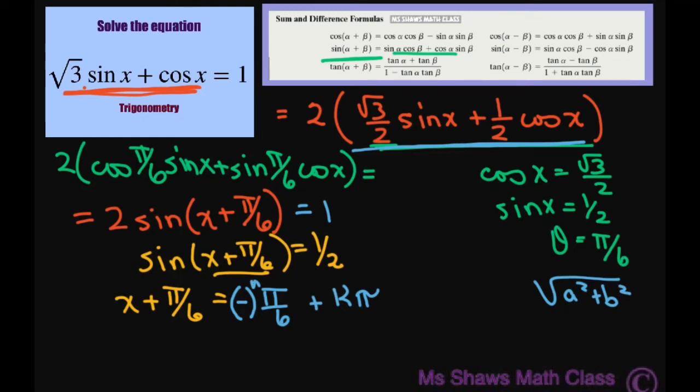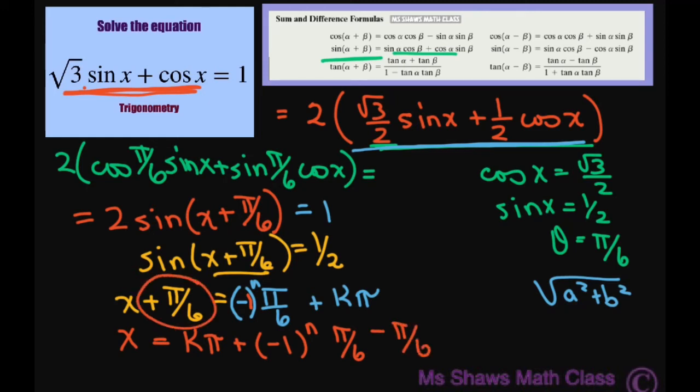So basically, when you add this up, you're going to get x equals k pi, I'll put this first, plus -1 to the power of n times pi divided by 6. Then you're going to write minus, because we have to subtract this, pi divided by 6.